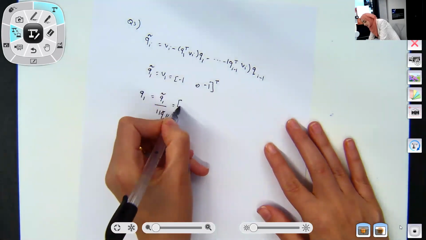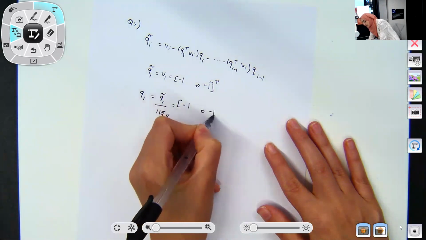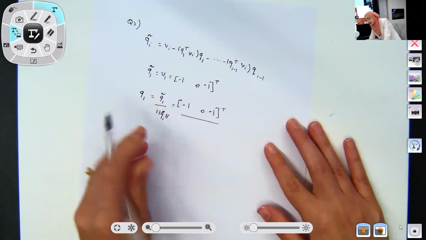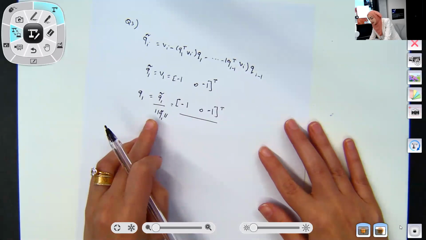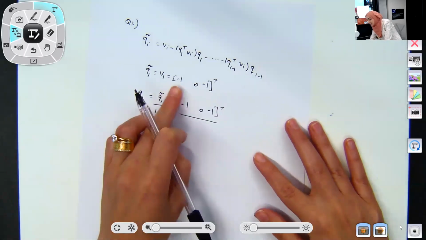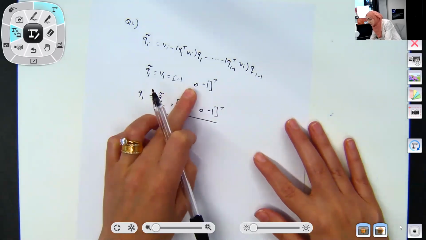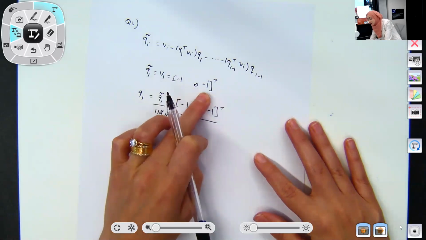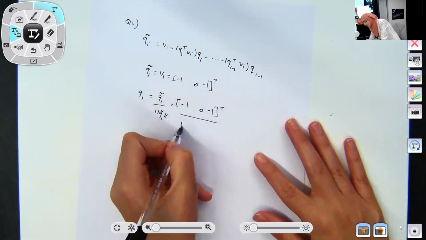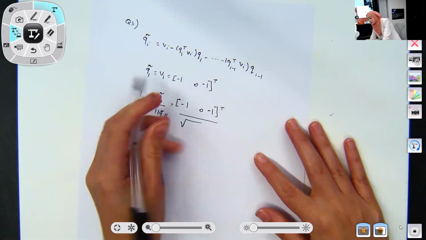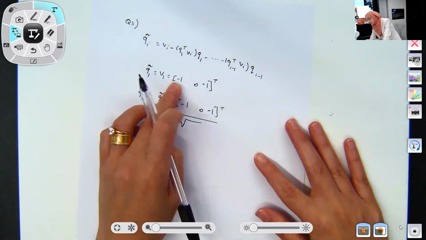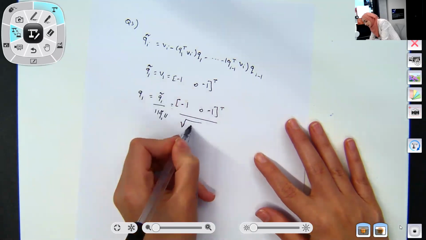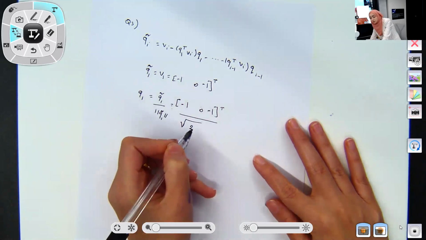Here we have this vector, minus 1, 0, and minus 1, and we need to divide by the norm of Q1 tilde. The norm here is minus 1 to power 2 plus 0 to power 2 plus minus 1 to power 2, all under the square root. So this is equal to the square root of 1 plus 0 plus 1. We need to divide by square root of 2.